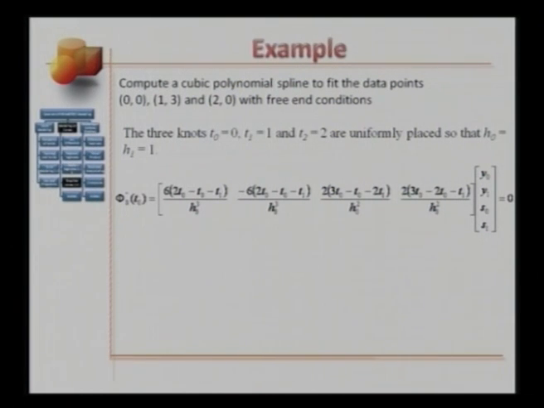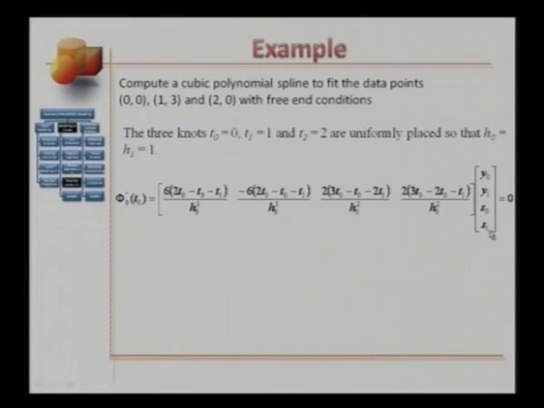With that, we'll have the second derivative of the first spline segment evaluated at t0 as 6 times (2 times (t0 minus t1) over h0 cubed), minus 6 times (2 times (t0 minus t1) over h0 cubed), 2 times (3 times t0 minus 2t1) over h0 squared, 2 times (3 times t0 minus 2 times (t0 minus t1)) over h0 squared.